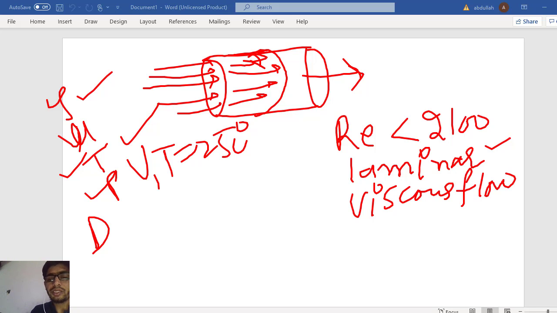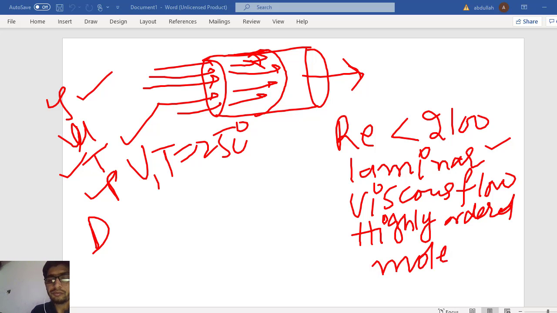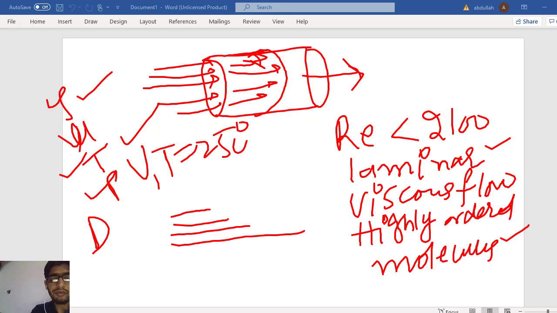The order of molecules in the laminar flow is very highly ordered. One layer flows on the other layer in the case of laminar flow, and it is a very highly ordered flow, and it is a very viscous flow, and it obeys Newton's law of viscosity.